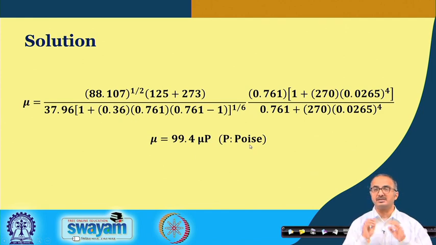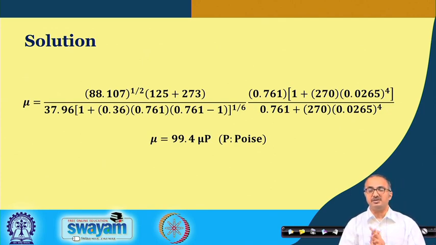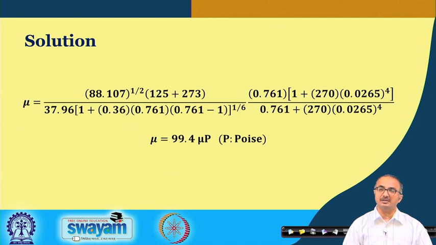Actually, this poise is used as a unit for viscosity in honor of the great scientist Poiseuille, and perhaps you also know that there is something called Poiseuille flow which we are taught in fluid mechanics. So, this poise comes from the scientist's name. So, here we find that we are having the viscosity of the gas to be this much micropoise.